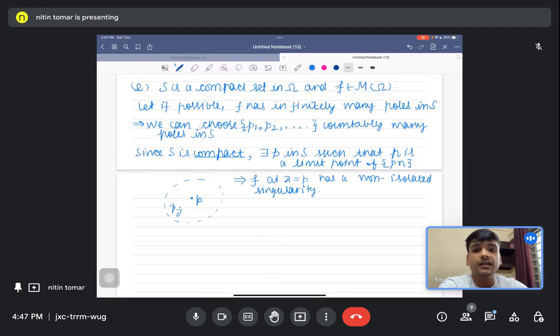Because you take any neighborhood of p, you will have one Pn, and Pn is a singularity. But this is a contradiction, right? Because as singularities, f has only poles, which are isolated singularities. Okay, is this correct? Is this clear? Yes, sir.